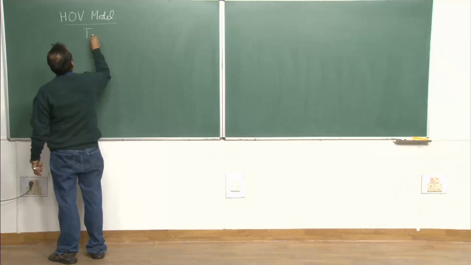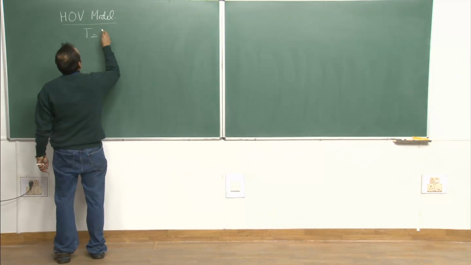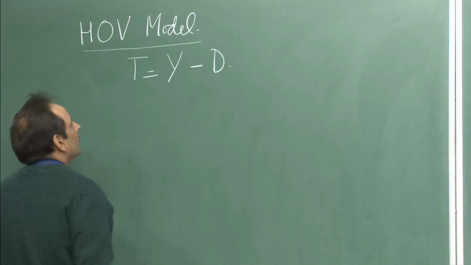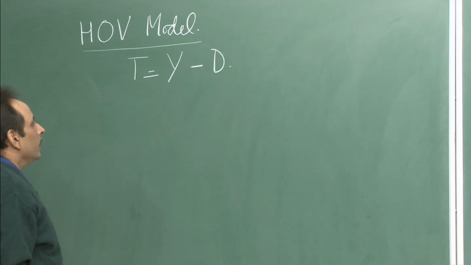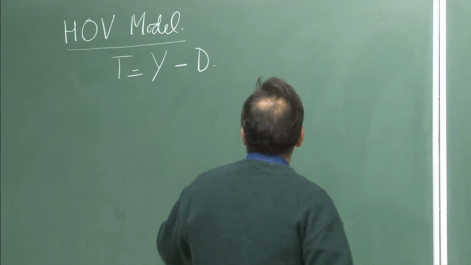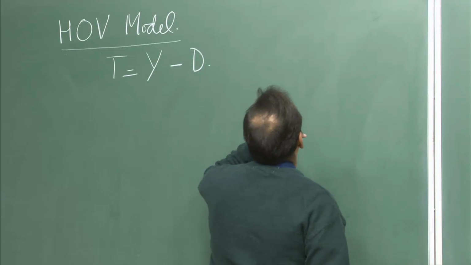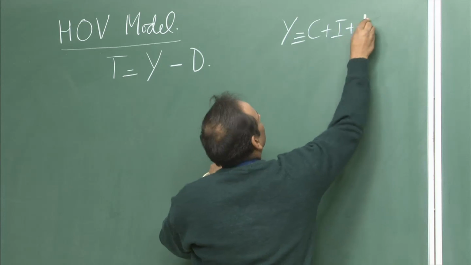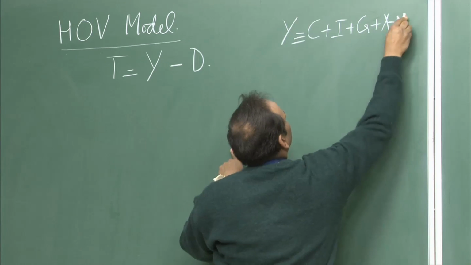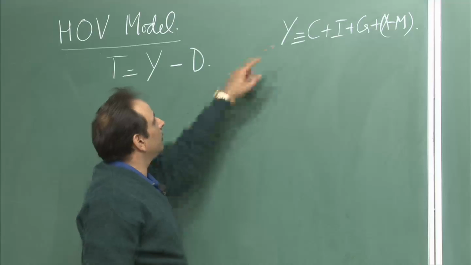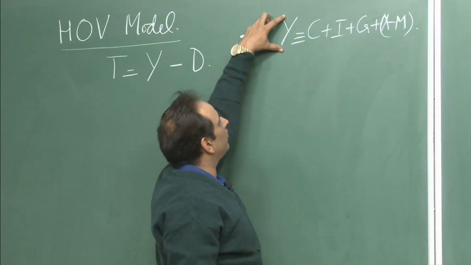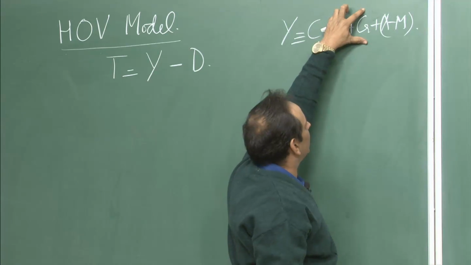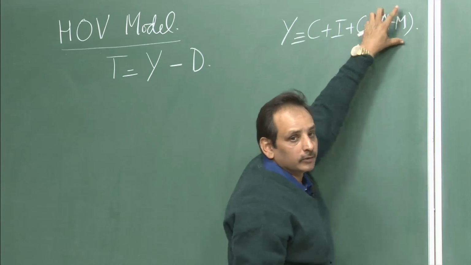So, here trade is something which is output minus the demand. Now, please recall the identity: Y, the GDP of the country, is equal to consumption expenditure plus investment expenditure plus government expenditure plus net exports.